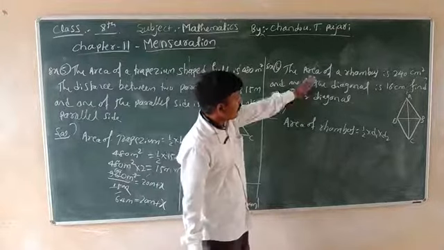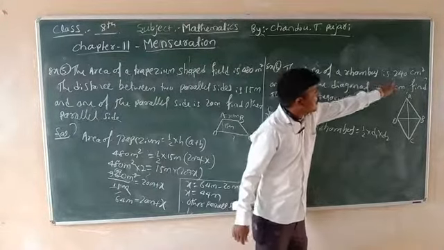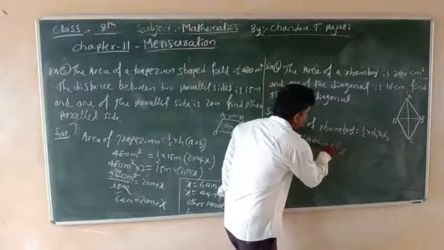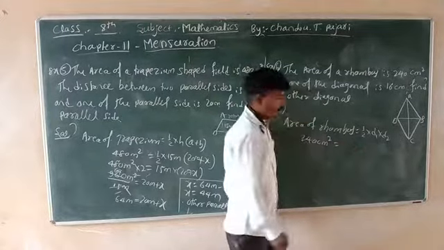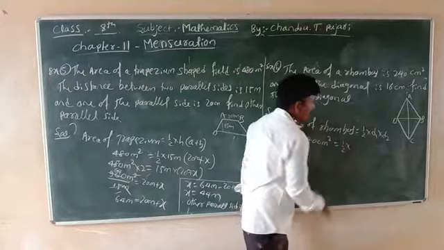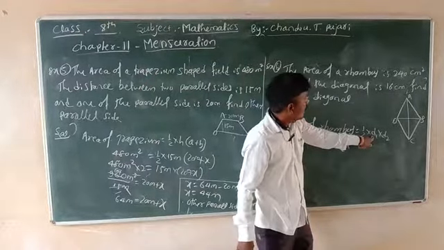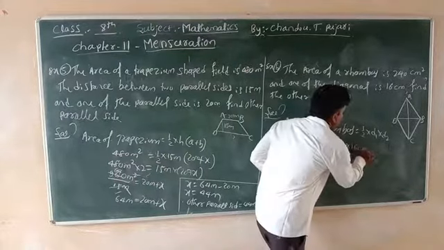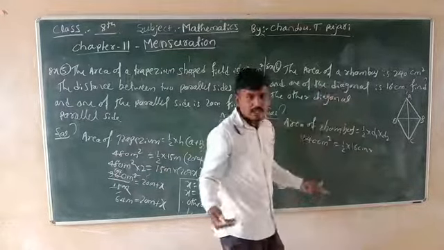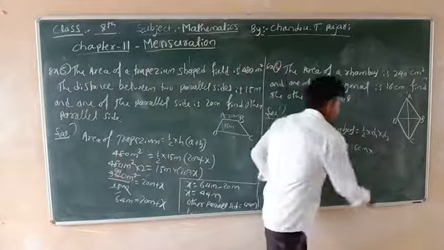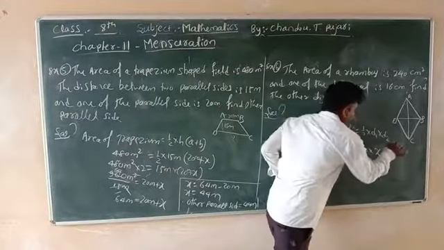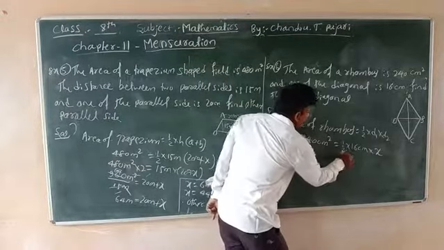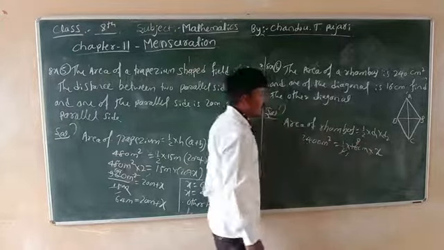d1 means diagonal 1, d2 means diagonal 2. In the given question, area of rhombus is given: 240 centimeter square is equal to 1 by 2 into first diagonal, which is 16 centimeter. Diagonal 2 is unknown, considered x. Next simplification: 2 eights are 16.